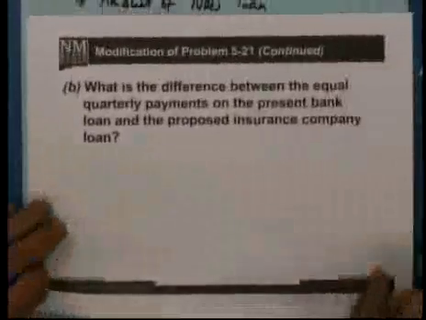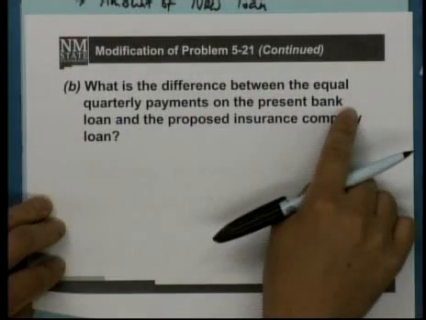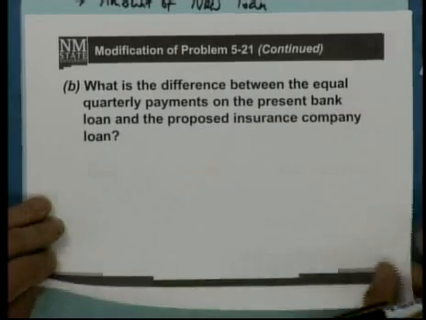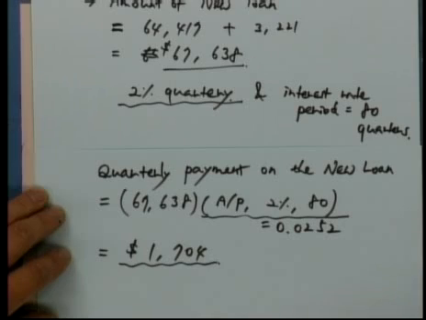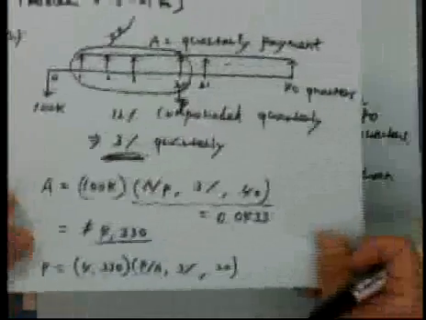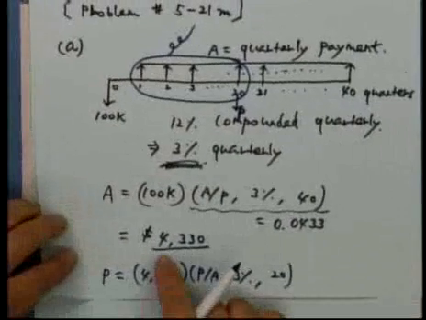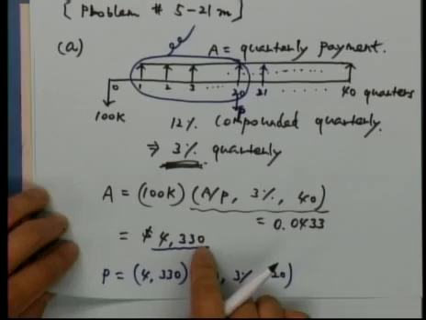And the question is, what is the difference between the equal quarterly payments on the present bank loan and the proposed insurance company loan? From the present bank loan, the equal quarterly payment is $4,330, right?